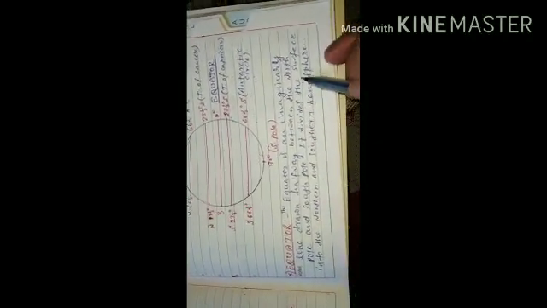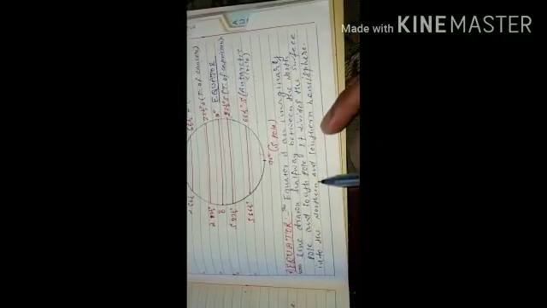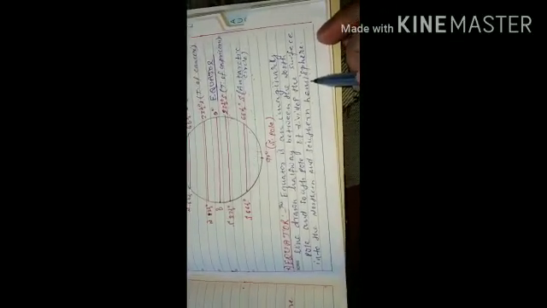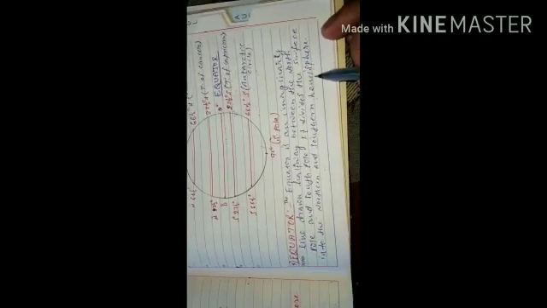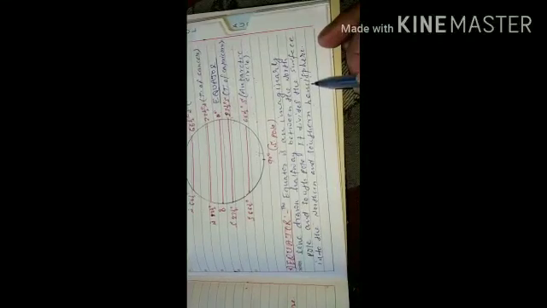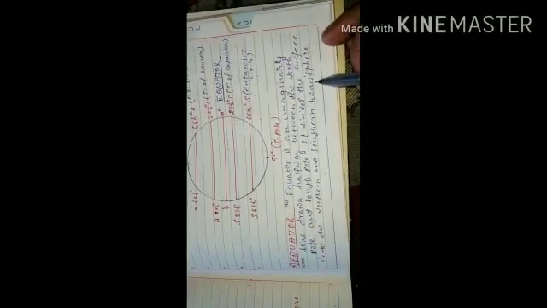It divides the surface into the northern and the southern hemisphere. Its work is to divide the earth into two equal halves, that is the northern hemisphere and the southern hemisphere.